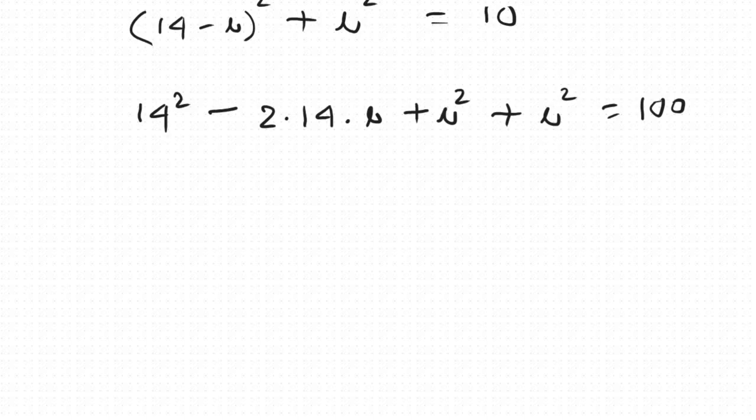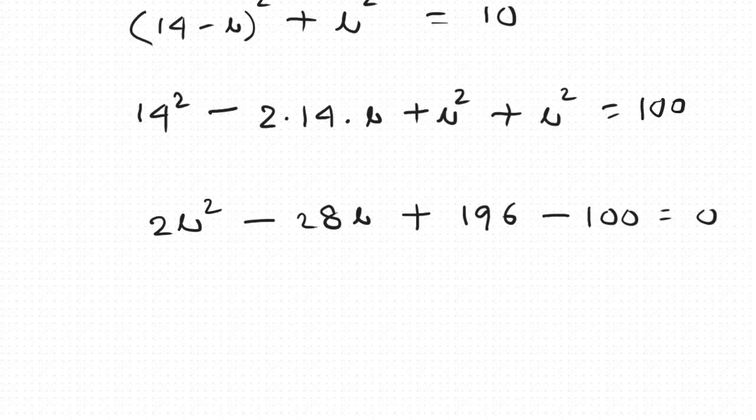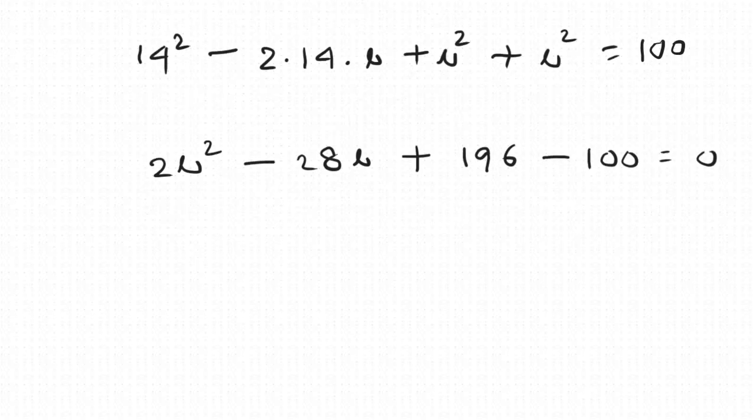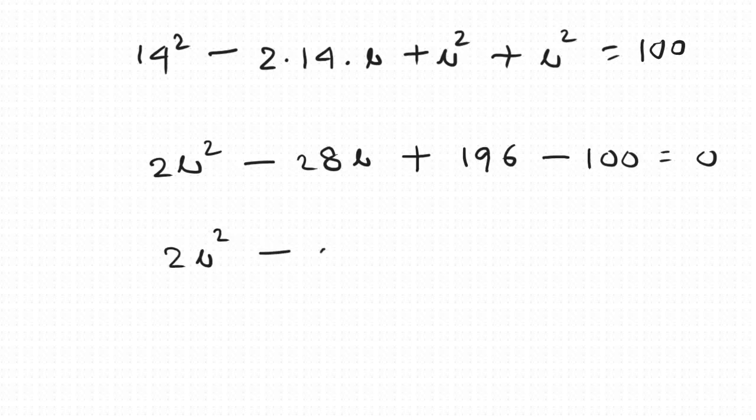We get 2B square minus 28B plus 14 times 14, which is 196, minus 100 equals 0, or we get 2B square minus 28B plus 96 equals 0.